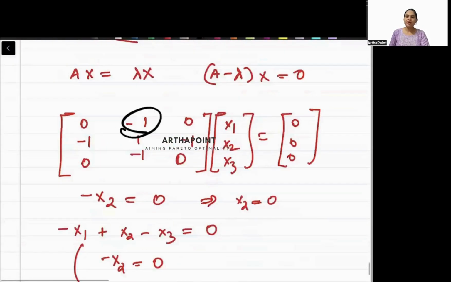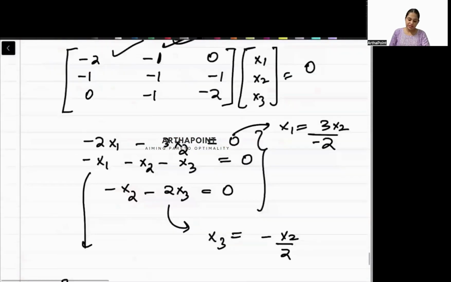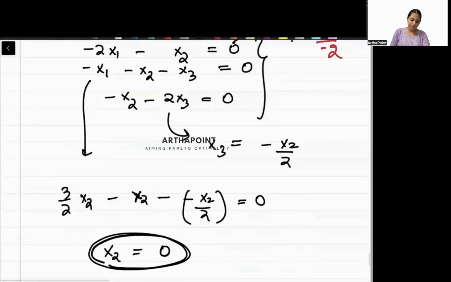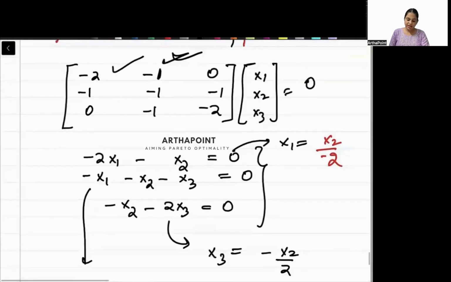Okay, so from that analysis, if I just try to solve this, this will be -2x1 minus x2 equal to 0. So from here, my x1 will come out as x2 by -2, so -1 by 2 x2. And the second one will be minus x1 minus x2 minus x3 is equal to 0.